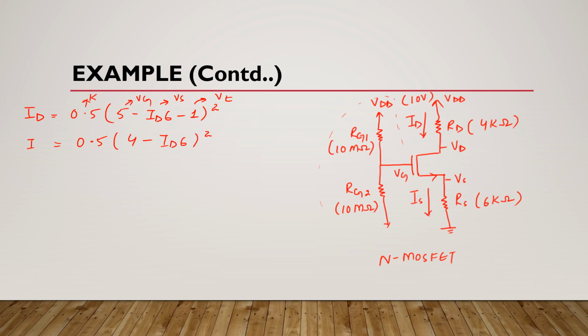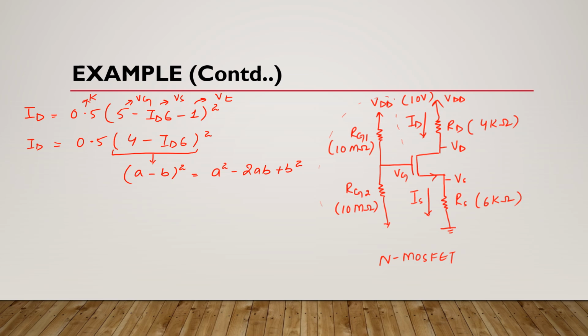Here as you can see, this term is equivalent to (A minus B) whole square, and we know that it is equal to A square minus 2AB plus B square.